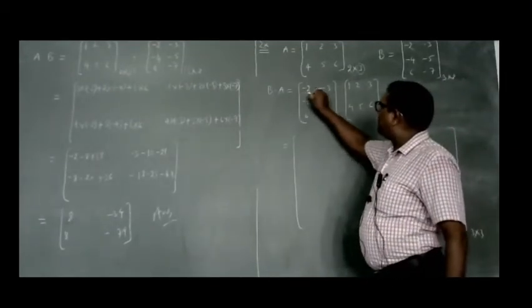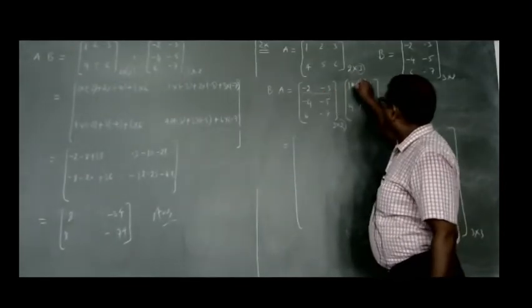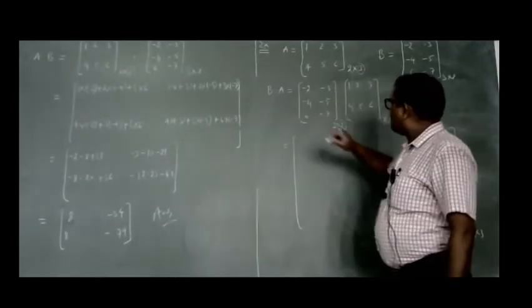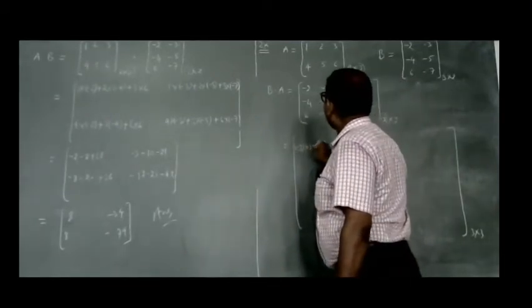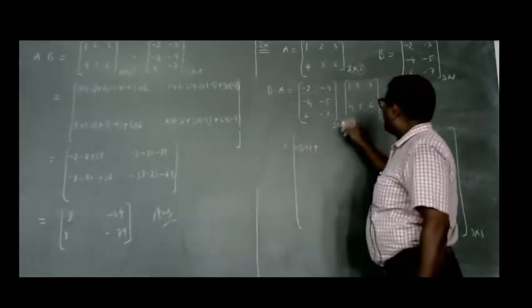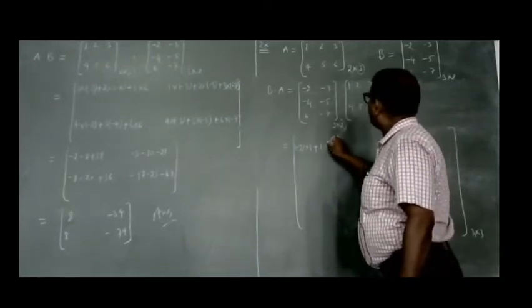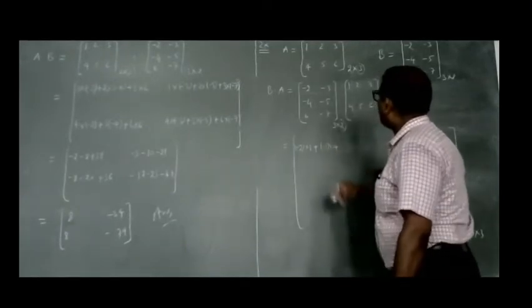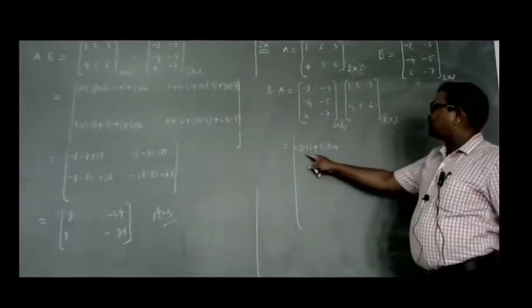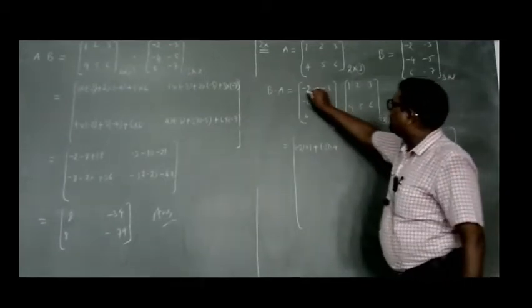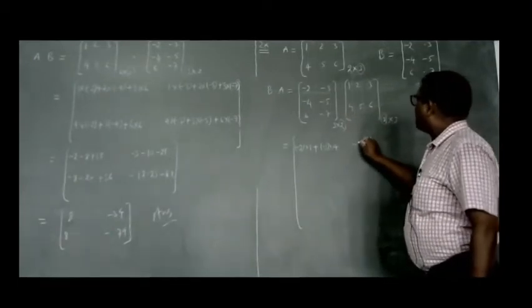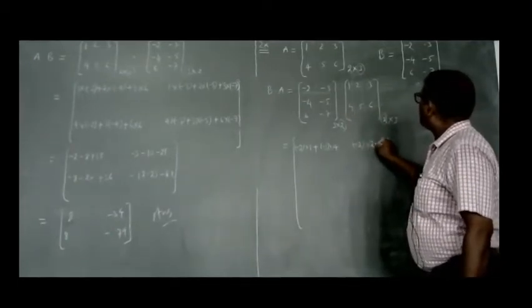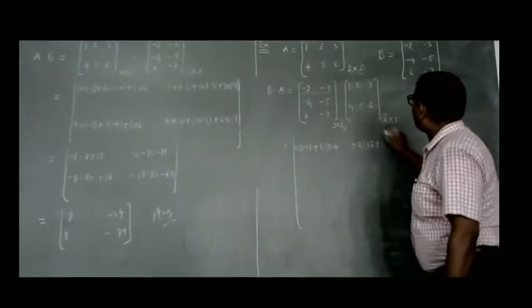So we multiply the first row to the first column of the second matrix. So it is minus 2 into 1 plus minus 3 into 4. This is the first row, first column element. You multiply the first row by the second column. It is minus 2 into 2 plus minus 3 into 5.